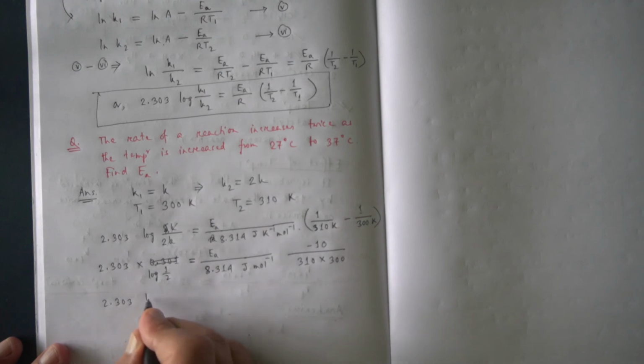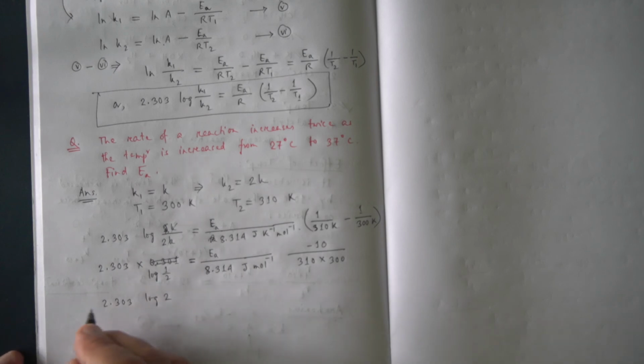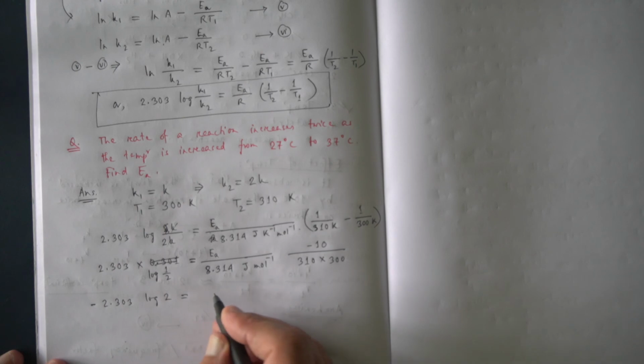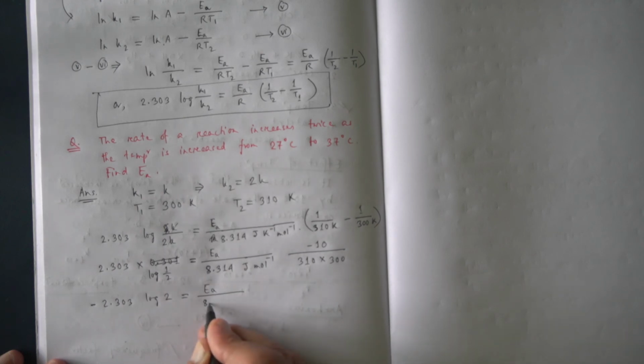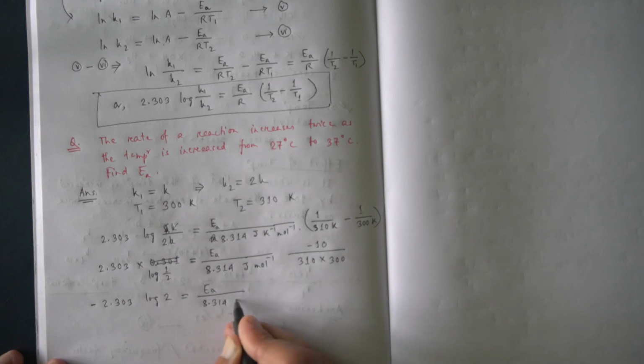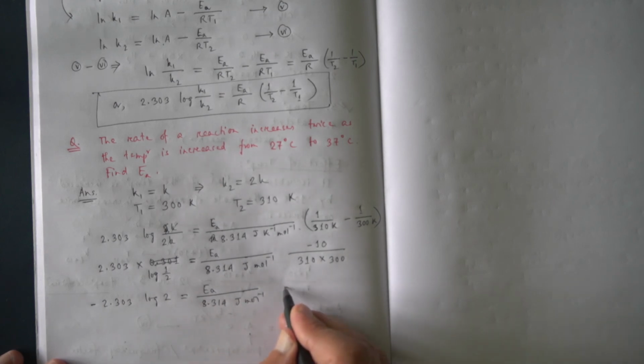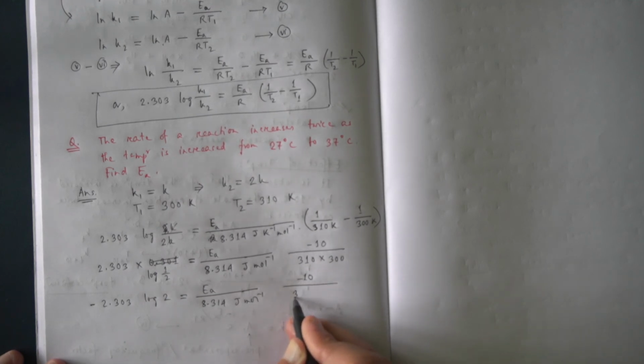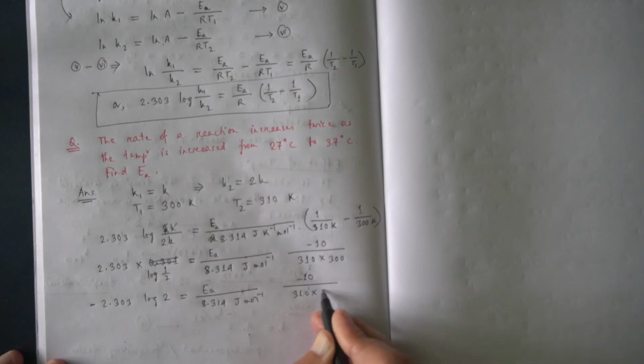Now I can write it like this: 2.303 log 2. Then this will be minus, equal to EA by 8.314 joule per mole into minus 10 into 300. So minus cancel.